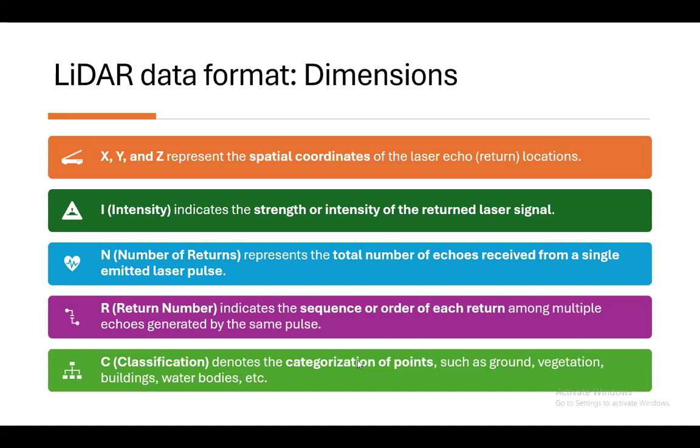Vegetation is coded as 3, 4, and 5: low vegetation, and there are other categories. So you have a different number coding for each type of object. Any man-made, elevated object on the ground, it can be a tunnel, bridge, building, roof, or monument, is counted as 6. That is building.